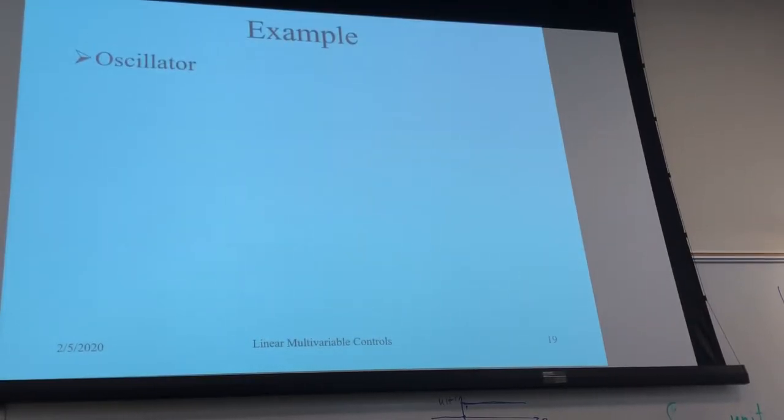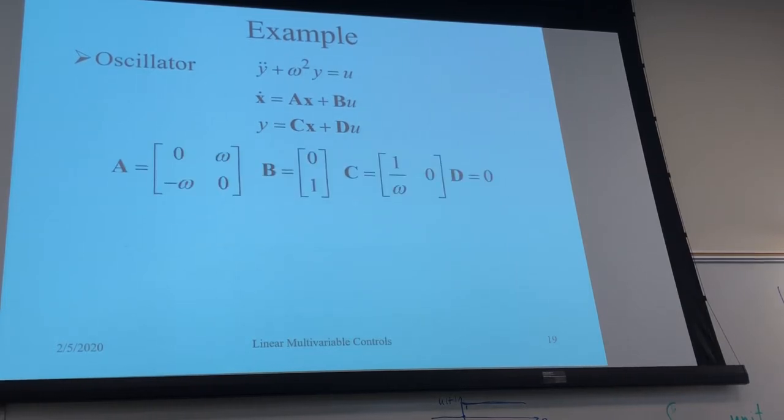Let's give you an example, maybe you feel confused. Say a second order system with omega constant. We know this is an oscillator. We can write Ax plus Bu, Cx, in state space format, with A, B, C in this form.